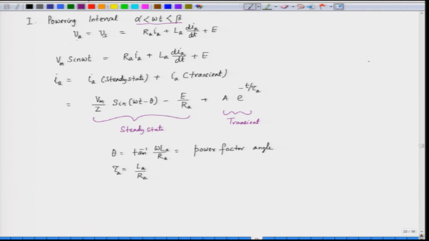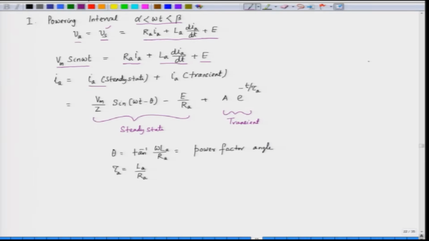The armature voltage is the same as the AC input voltage, so Vm sin omega t is equal to the resistance drop R_A I_A, plus the inductance drop L_A dI_A/dt, plus the back EMF E. This is a first order differential equation, and we have to solve it. The solution of this differential equation consists of two parts.